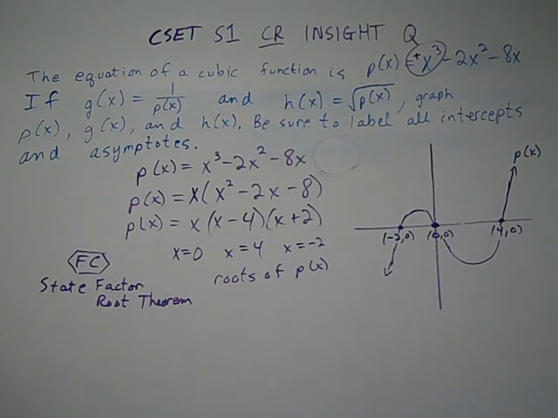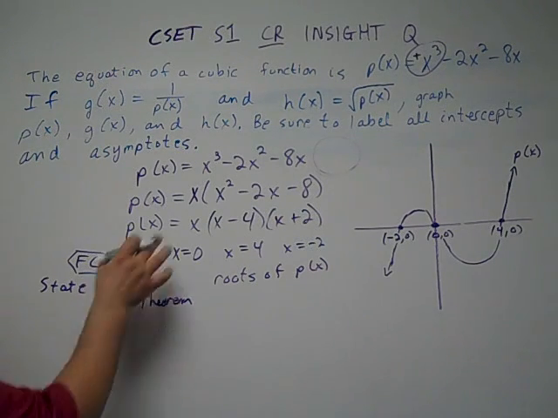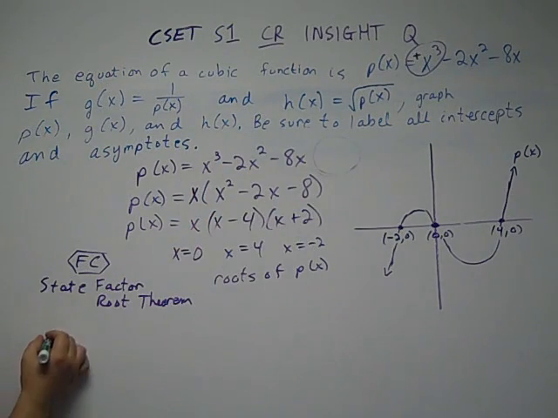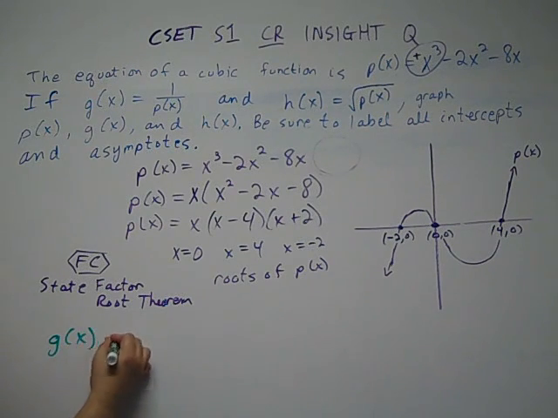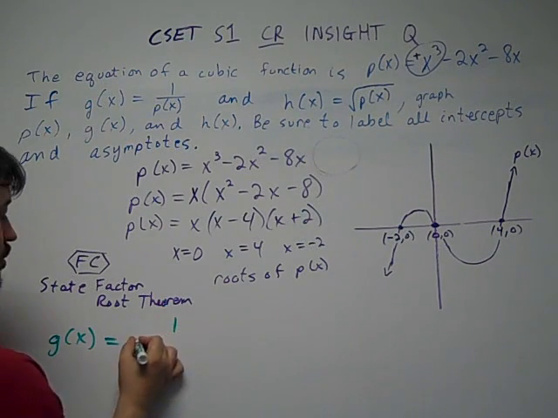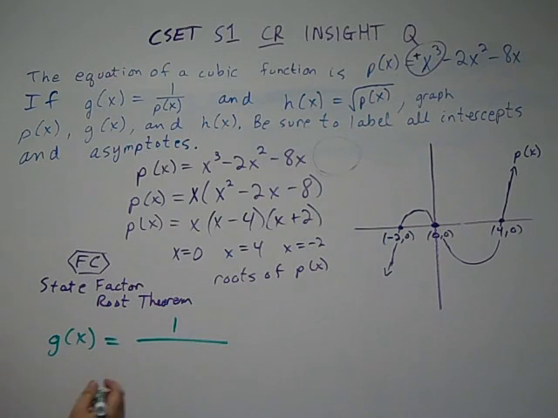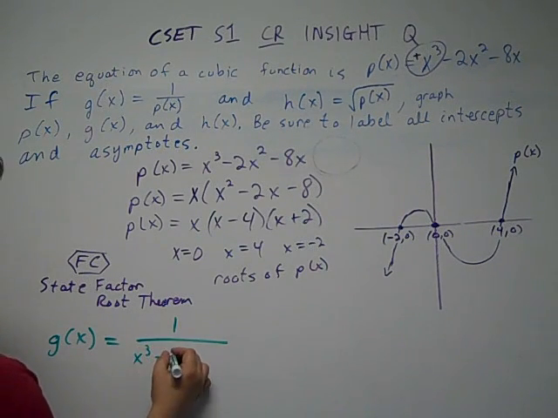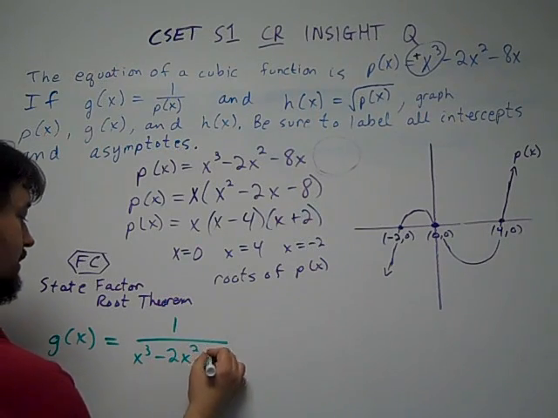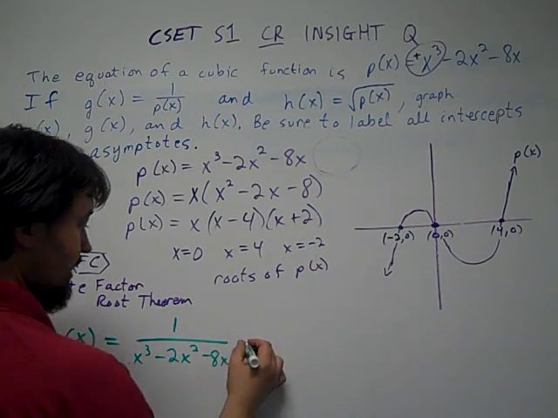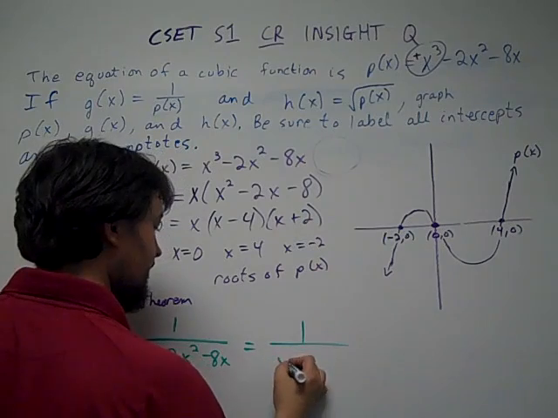If we are doing part B, what we want to think about is 1 over this entire thing, right? Because g of x is really just 1 over. And I could do this form, which is not factored out. But I think the much better form is where it's fully factored on the bottom.